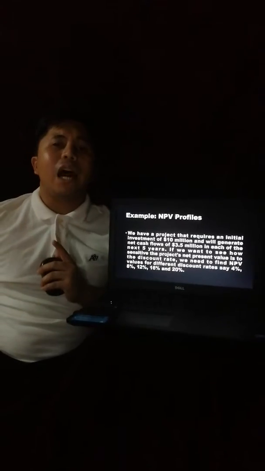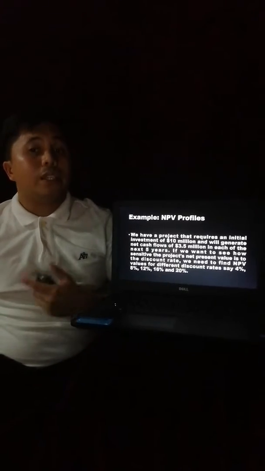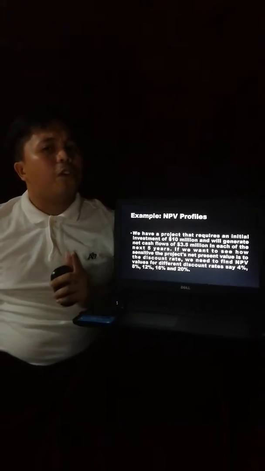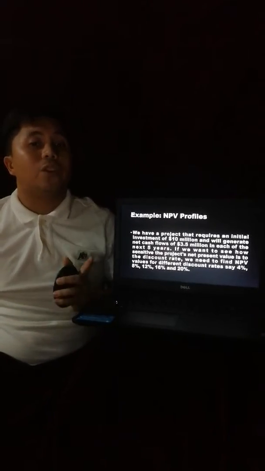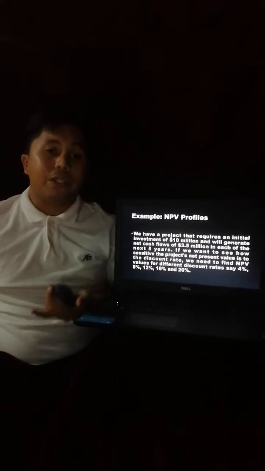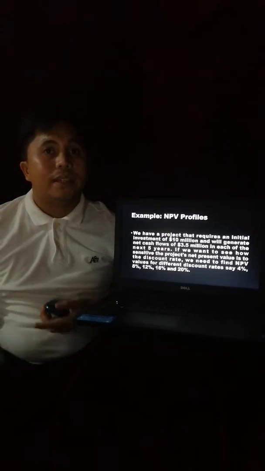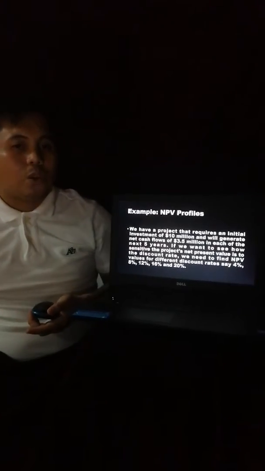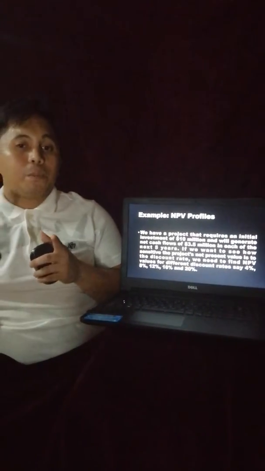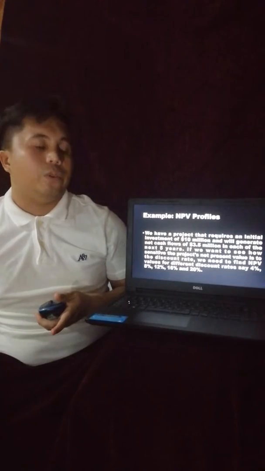If we want to see how sensitive the project's net present value is to the discount rate, we need to find the NPV values for the different discount rates, say 4%, 8%, 12%, 16%, and 20%. So the NPV of the project at a 4% discount rate can be determined as follows.